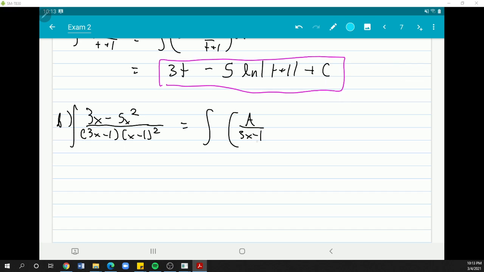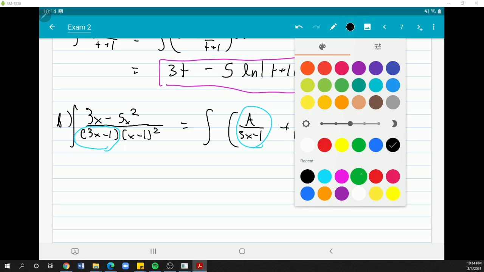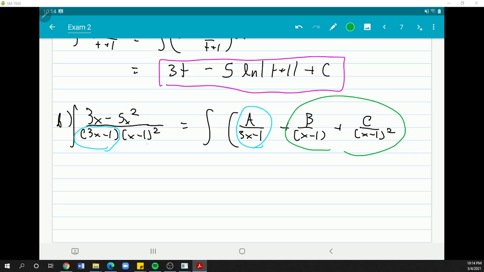So let me use blue. So the blue comes from this part of the factored denominator. And then we're going to say plus b over x minus 1 plus c over x minus 1 squared. And that's because we have this repeated factor of x minus 1. So when you have a repeated factor, it needs to be like this.